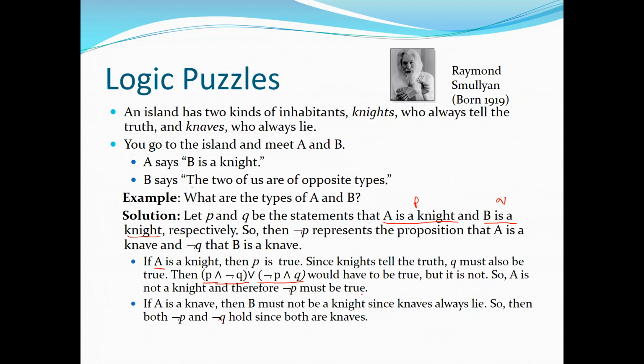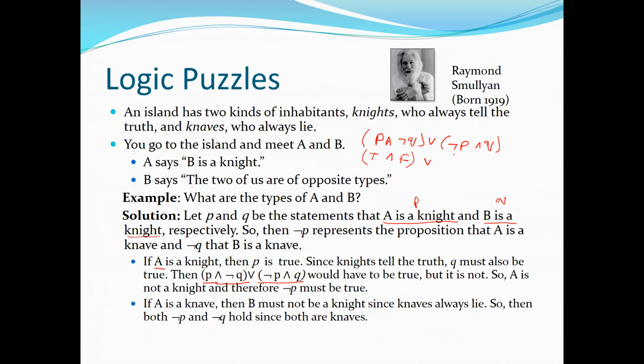See why? Okay, so the statement here is P and not Q, or not P and Q. Let's assign them the values. If P is true, then B should also be true, which means this is false because of the negation, right?